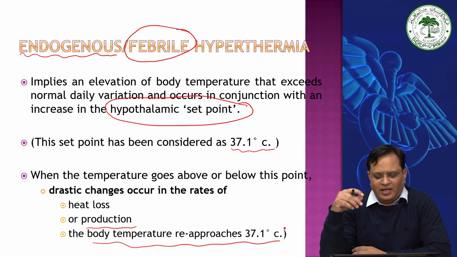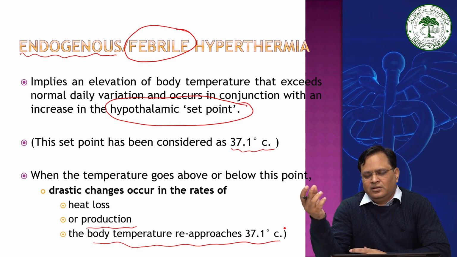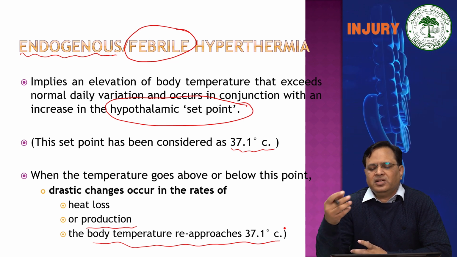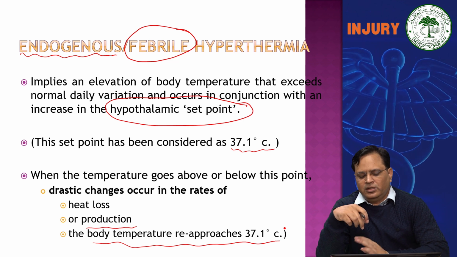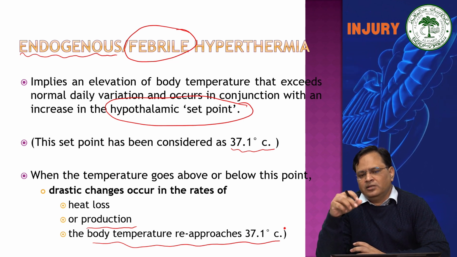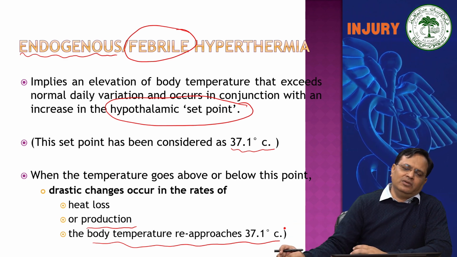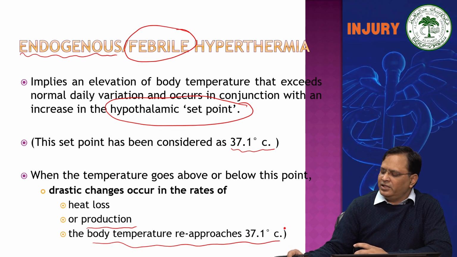So if there is heat loss, the body temperature will come back to normal, or if there is heat production, the body temperature comes back to normal. So the hypothalamus regulates the body temperature by these two mechanisms: in heat loss we find the skin and the lungs, and in production we find the liver and the muscles.